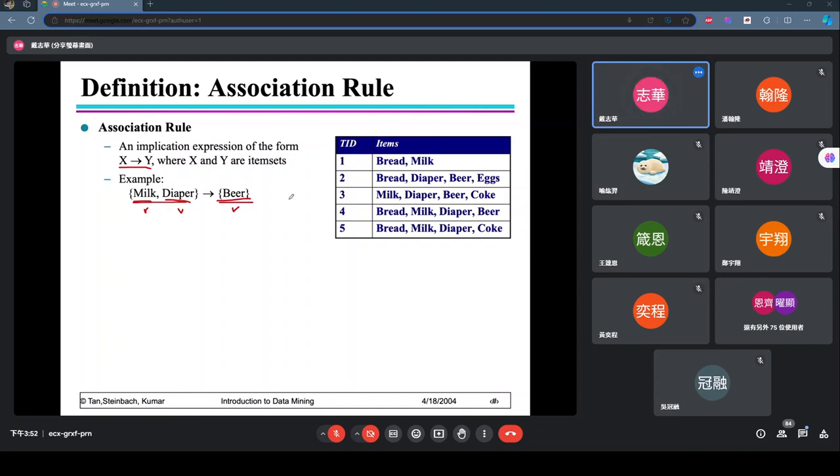What does it mean? It means if we want to discover this rule, we need milk and diaper and beer happening in the same transaction. Right?